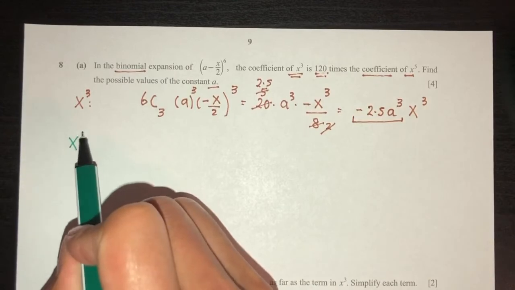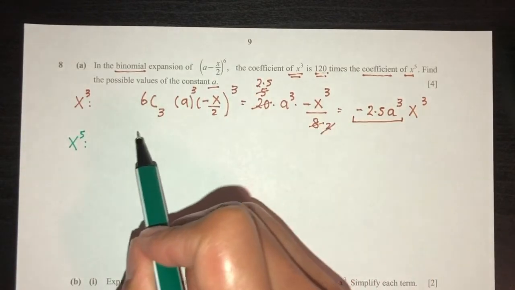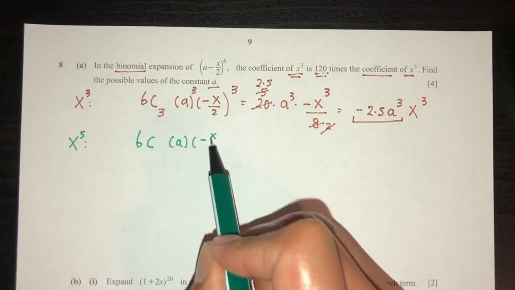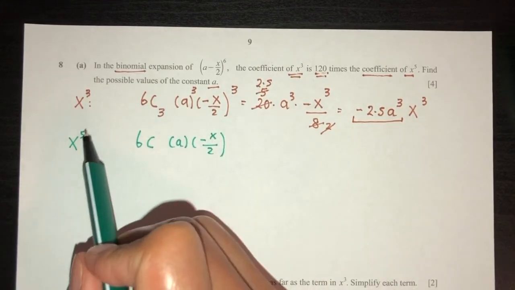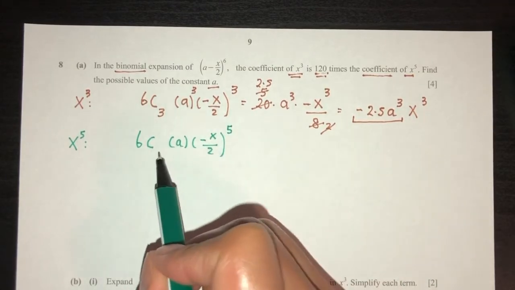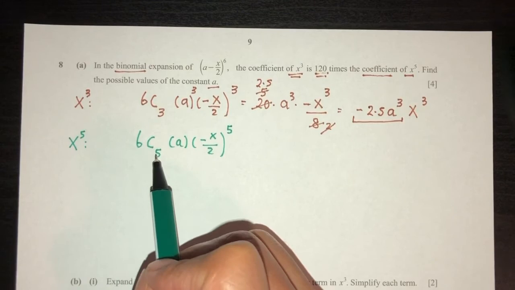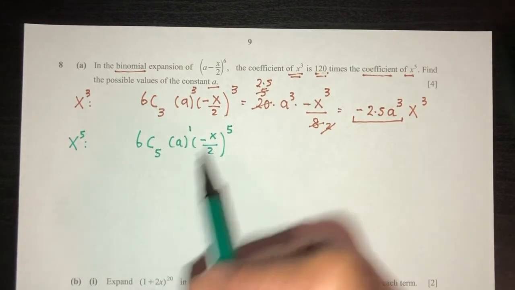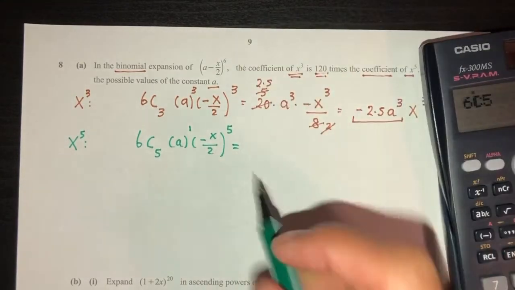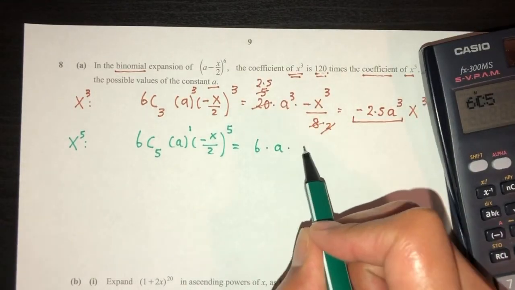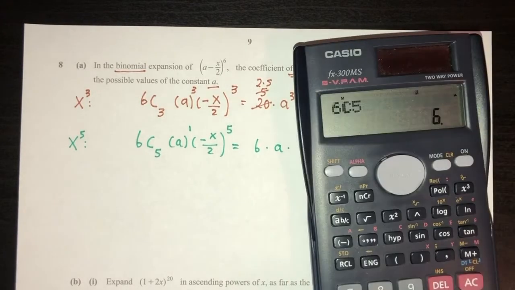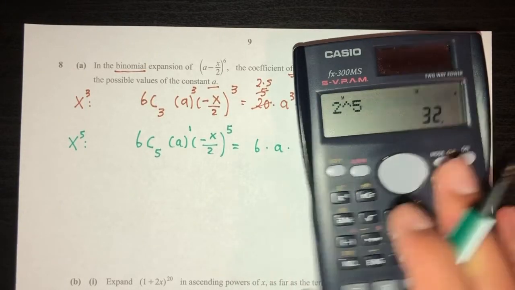Now for part 2, the coefficient of x power 5. The same steps. As you can see, we have 6 here, so 6 choose something for the first term and the second term. For us to get x power 5, we have to have 5 here. If you have 5 here, this has to be 5 here. Now 6 minus 5 is 1, that will be 1 here. Now expand, you will have 6 choose 5, that is 6, times a times minus x over 2 power 5, which is 32.